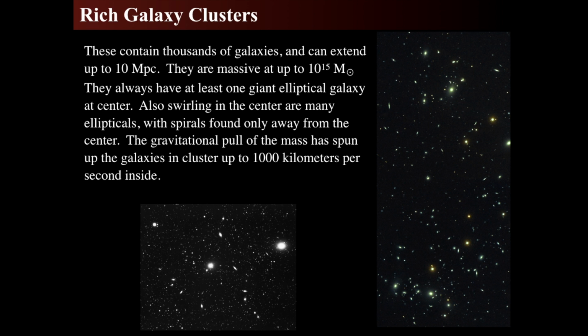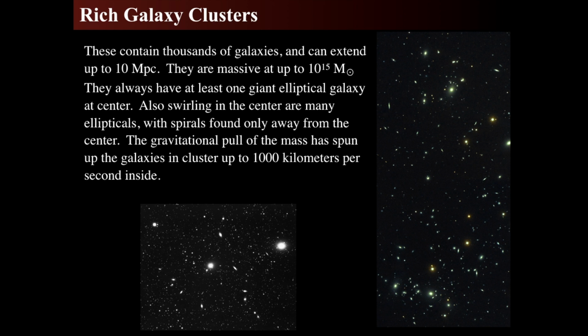So we can then go look at rich galaxy clusters, and rich galaxy clusters contain thousands of galaxies. They can span up to about 10 or so megaparsecs, and they have about 1,000 trillion solar masses. So remember that the Milky Way is about 100 billion solar masses, which is about 10 to the 11th.